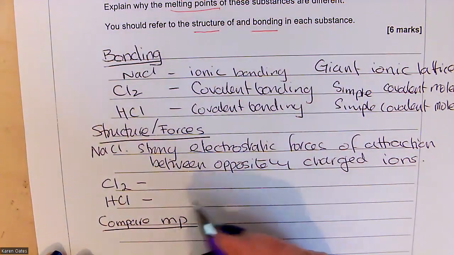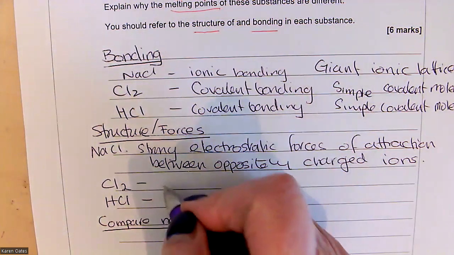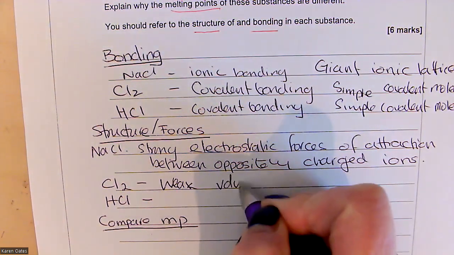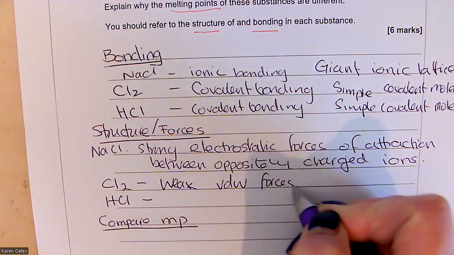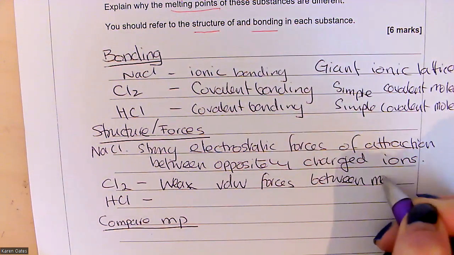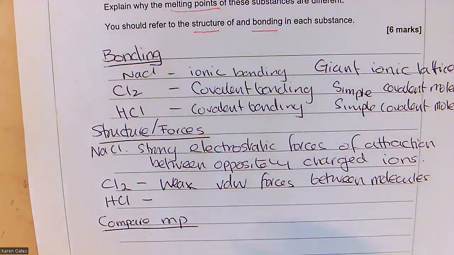If we look at chlorine, it's subject to van der Waals forces, so it's got weak van der Waals forces, and that, if we remember, is between molecules. Okay, so in our heads, we're thinking, well, they're going to be easy to break.